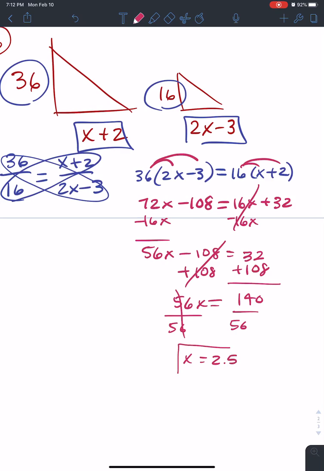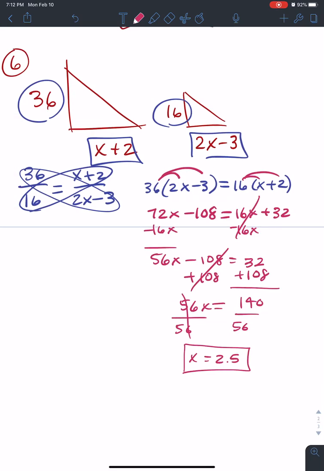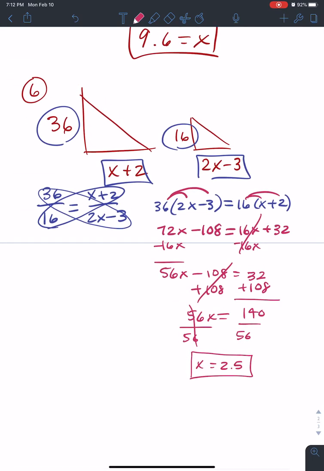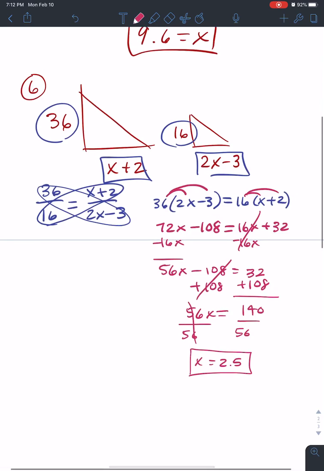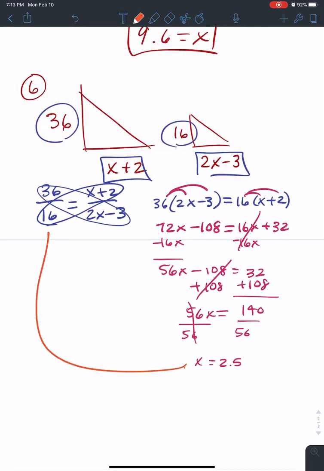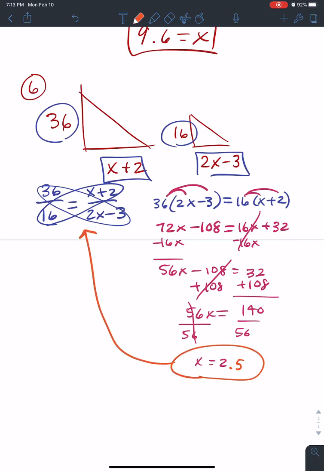Okay. Fun times. Also, when you're doing your test, if you're doing your retake, you always want to check your work. You can plug it back in. Plug the x in here and also up here. If you plug that in and then check, this ratio should end up being the same as this ratio here. Okay?